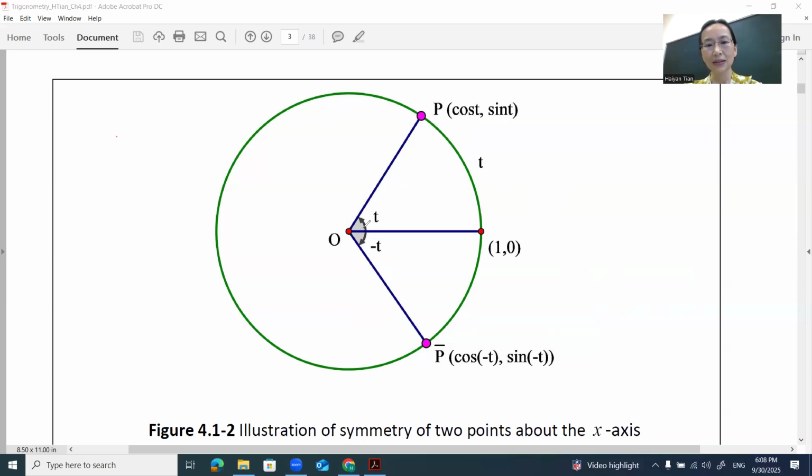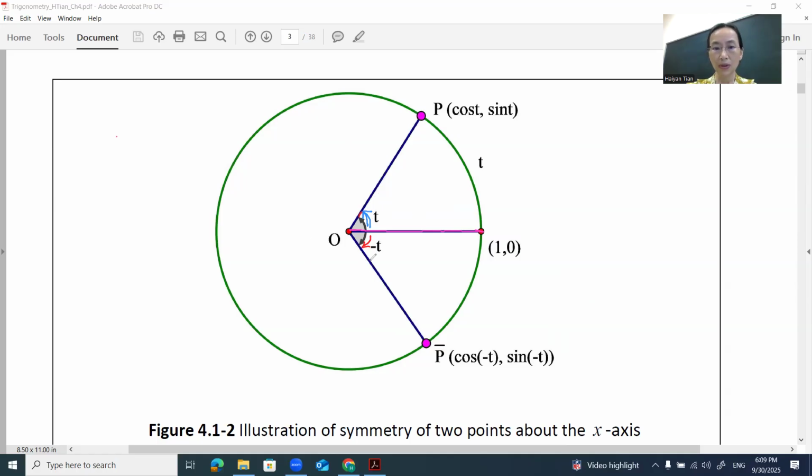So suppose this is the t, the positive t, I put it in blue, that's the t. And the negative t, I put in the right. So you see, t is a positive number, right? So then suppose here going counterclockwise, then we have a positive measure t.